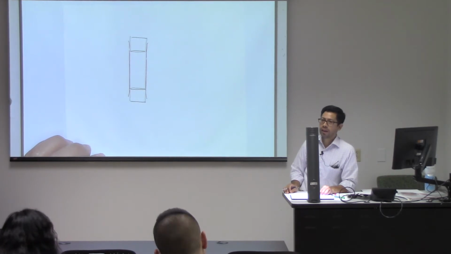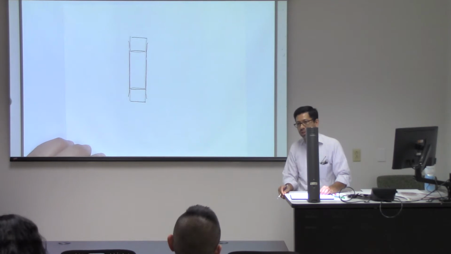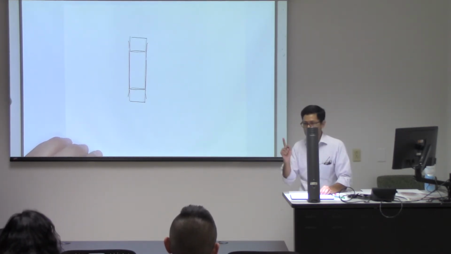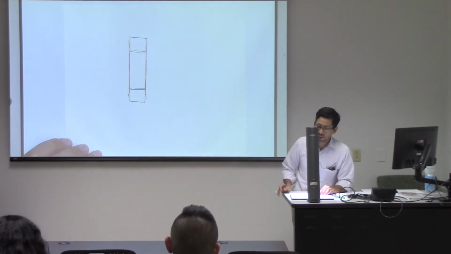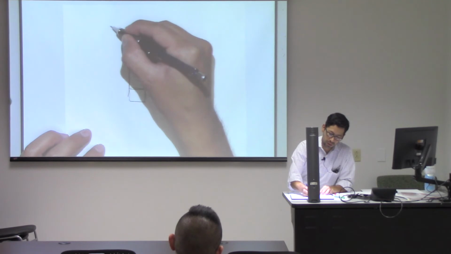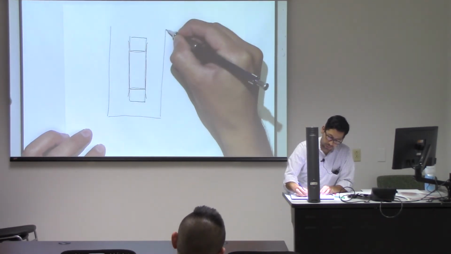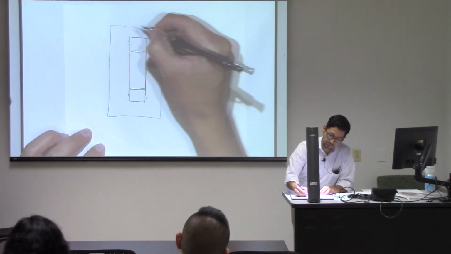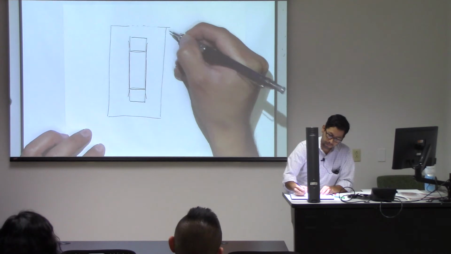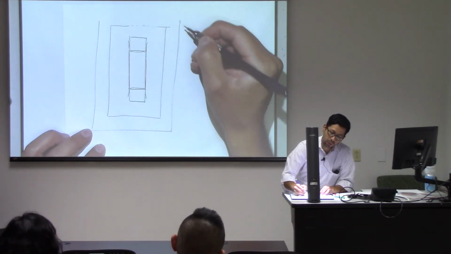I forgot to bring a foam polyester cap that was taken under pressure. I'll try to bring that next time. But basically what you do is you put this in a pressure vessel. You put all of that inside, and usually these pressure vessels have a very thick wall.